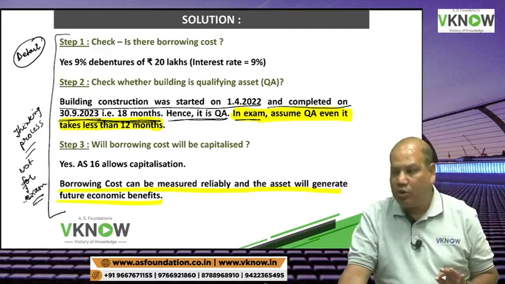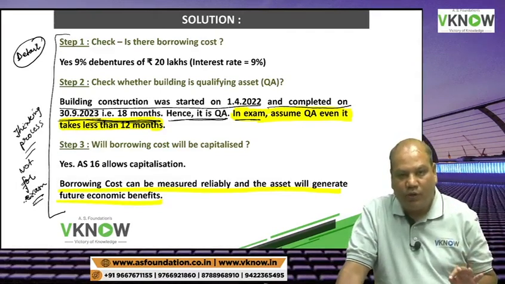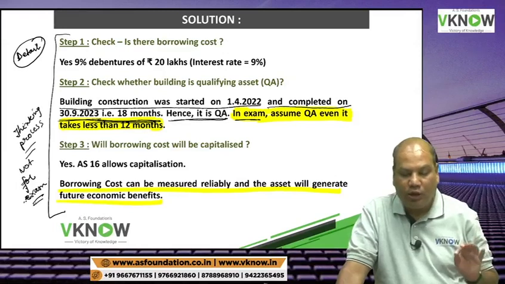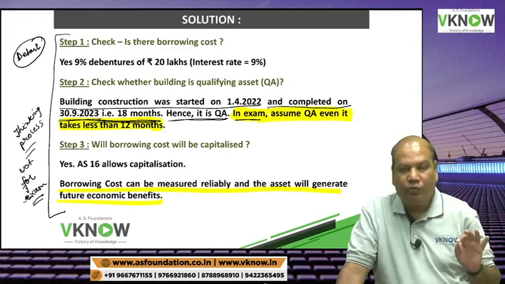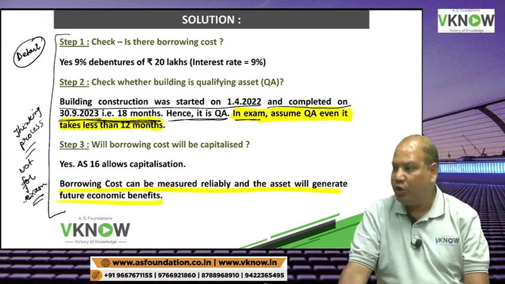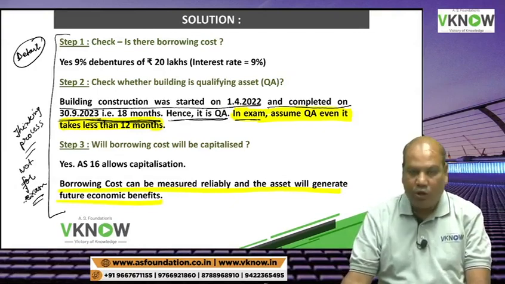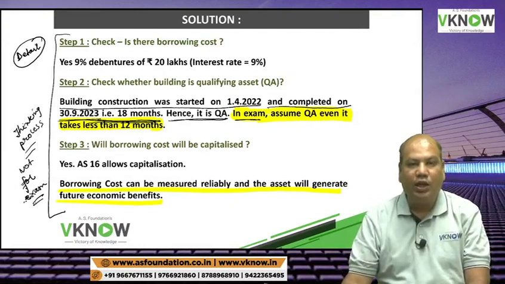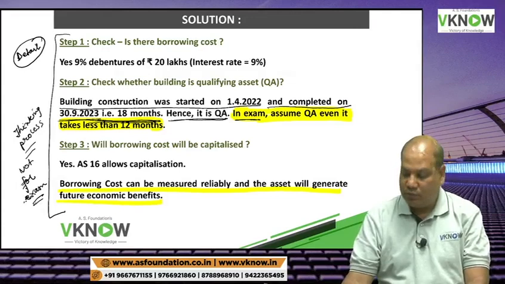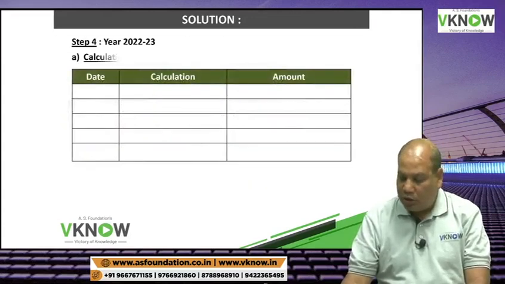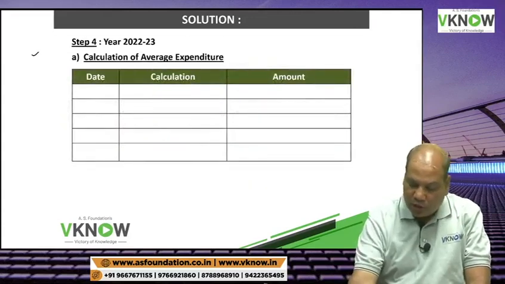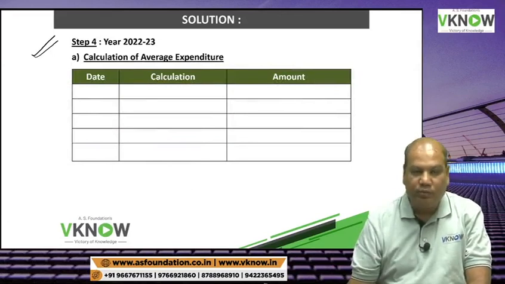There must be a borrowing cost, there must be a qualifying asset. Borrowing cost can be measured reliably and the asset will generate future economic benefit. Now this borrowing cost is eligible for capitalization. In the exam, your actual answer should start from here.